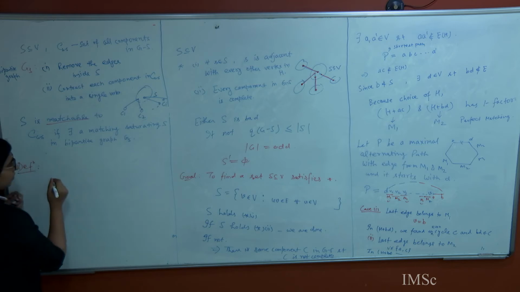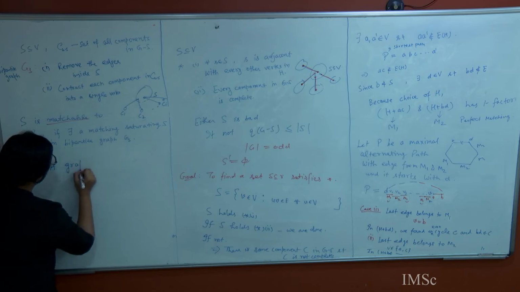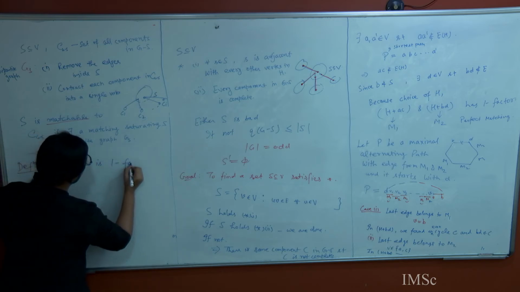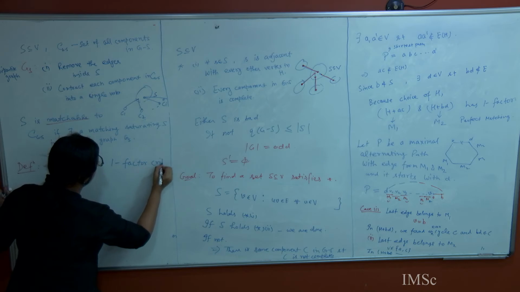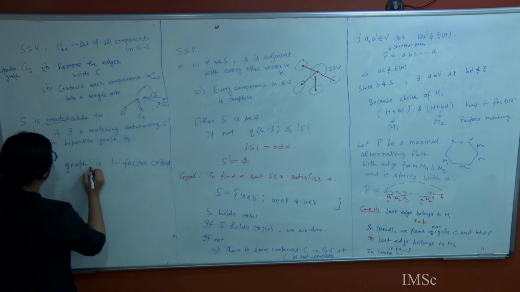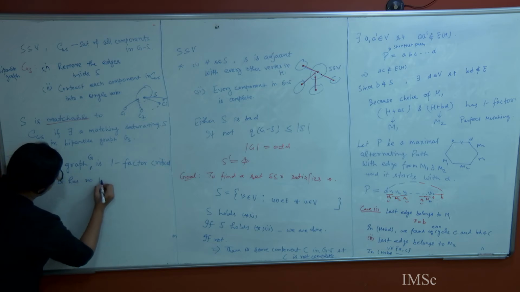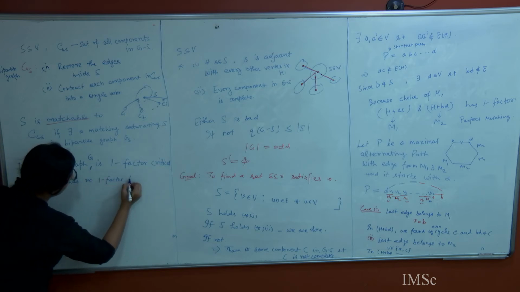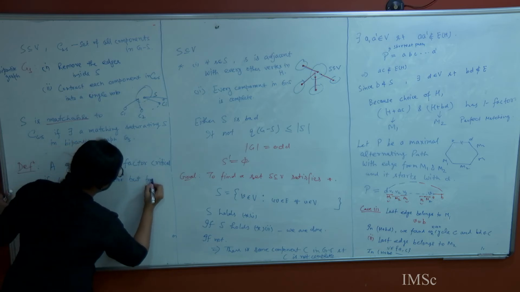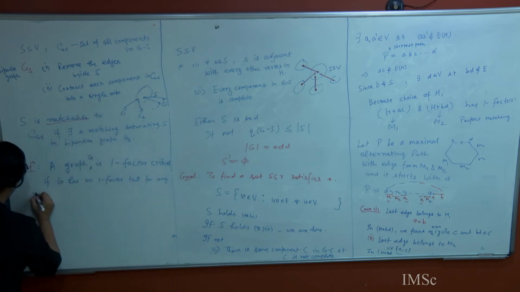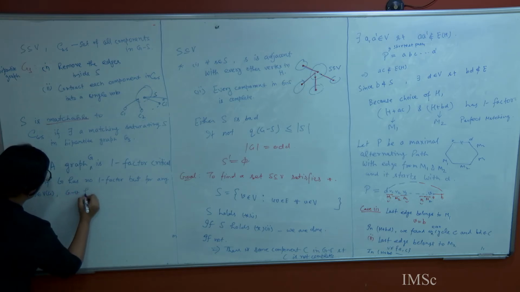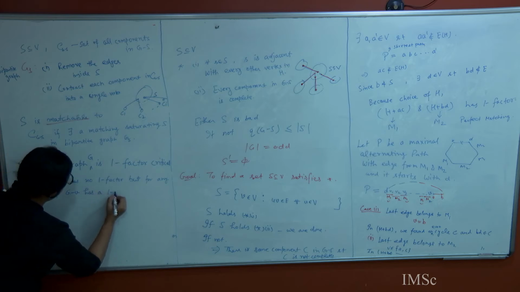This is the first definition, and there is one more definition we require, that is the one factor critical graph. A graph G is one factor critical if G has no one factor, but for any vertex V in V(G), G minus V has a one factor.